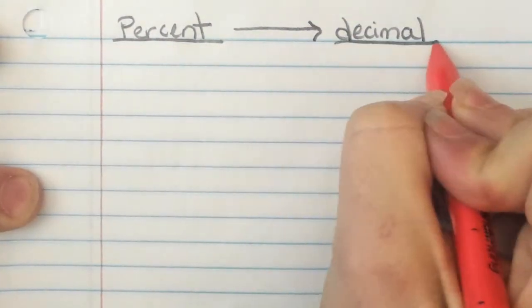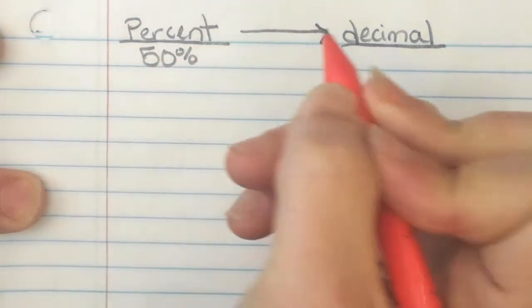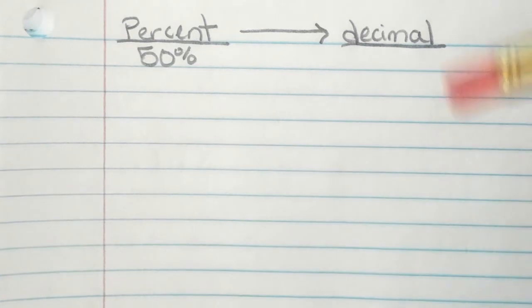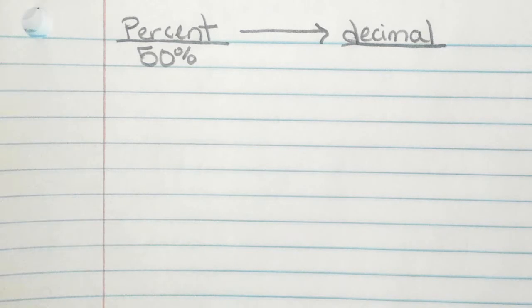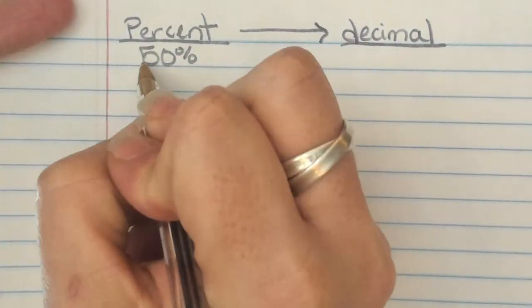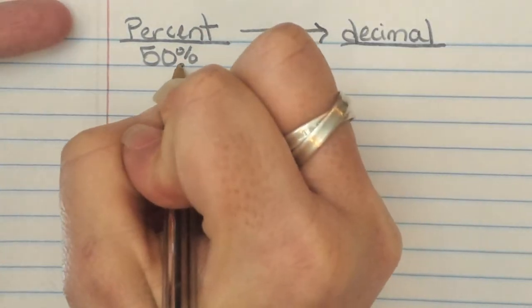Now, when changing it to a decimal, all I do is, first off, start with thinking about where is the decimal in 50%. Well, officially, it's right here.